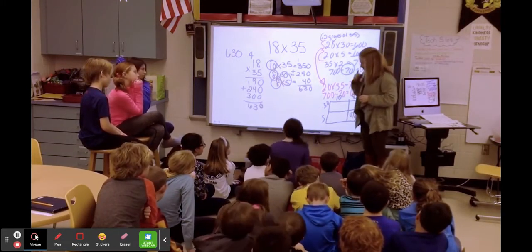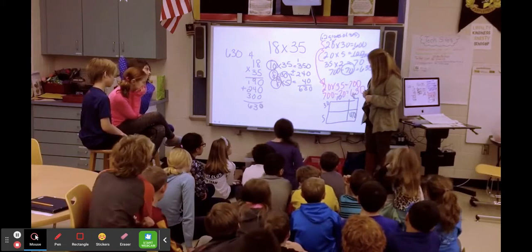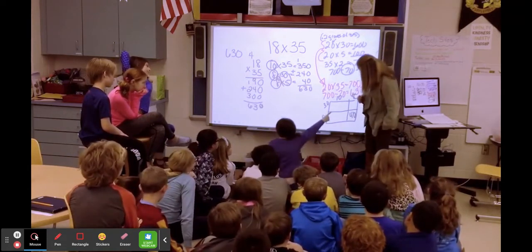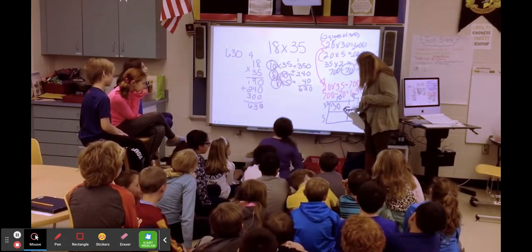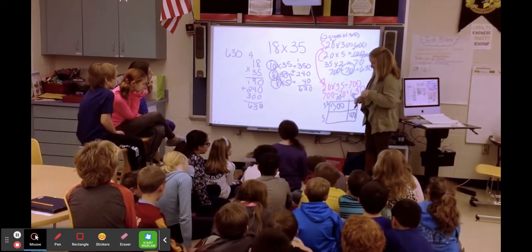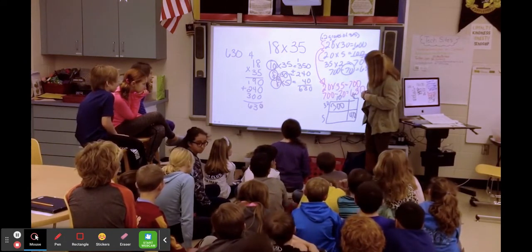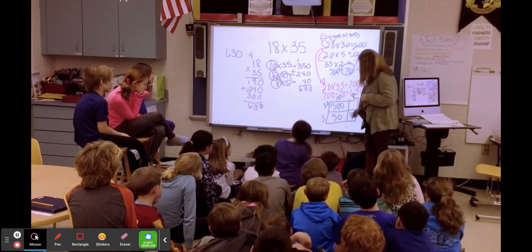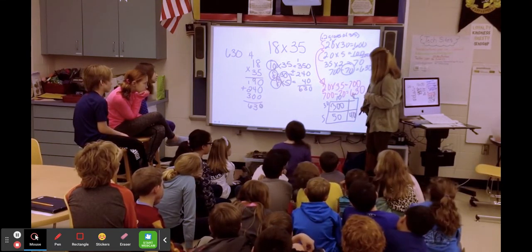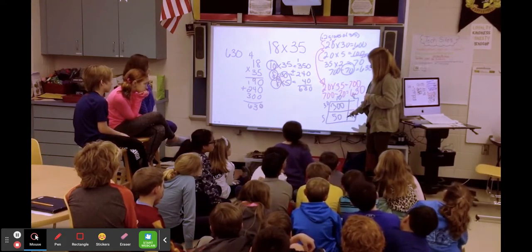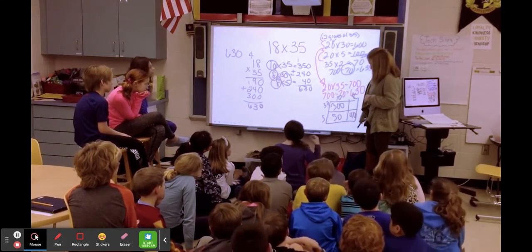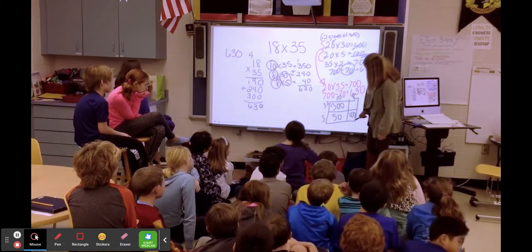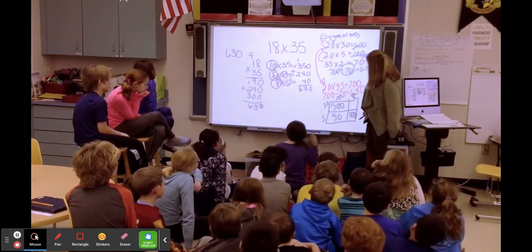Okay. Then I did 30 times 10, and that's 300. I did 5 times 10, which is 50, which is here, but then I just immediately knew that that's just 300 plus 50, so I just turned it around. And then look, 30 times 8, I added 40 to get 390.